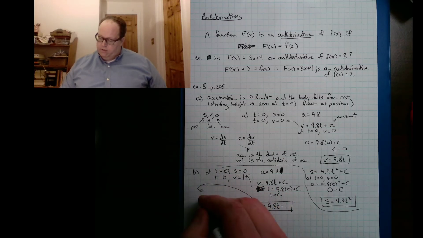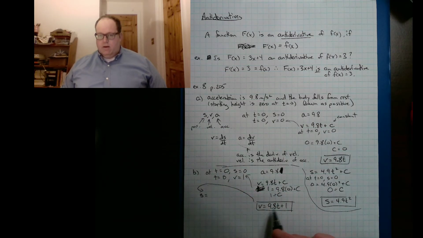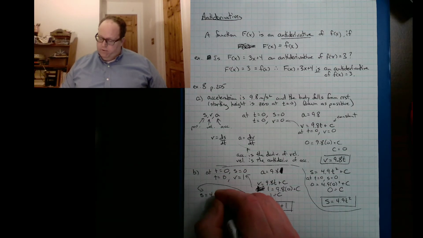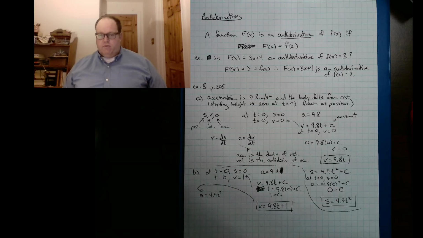Bringing that through to position, the antiderivative of the first term will be the 4.9t squared for the same reasons as before.